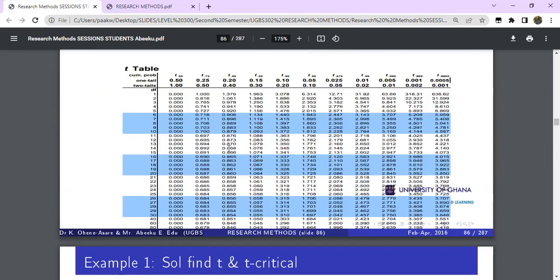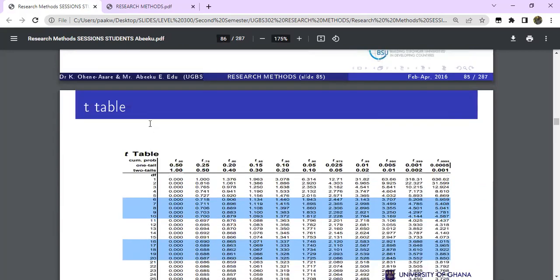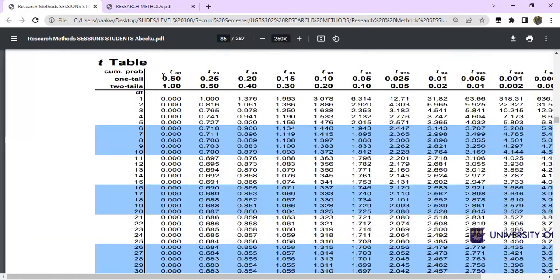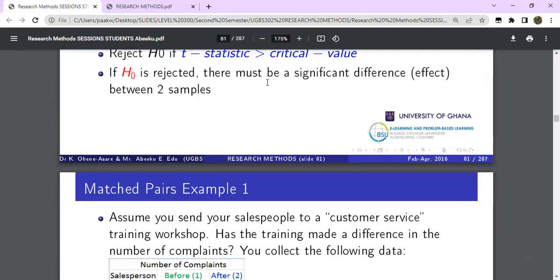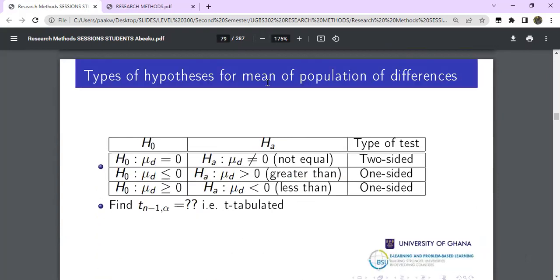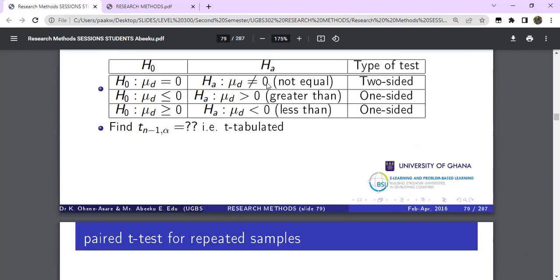So the table is here. You see that we have one tail and two tails. So even if after formulating your hypothesis you see that it is two-sided, and your alpha is 0.05, when you are reading your T critical, do not divide the alpha by 2.